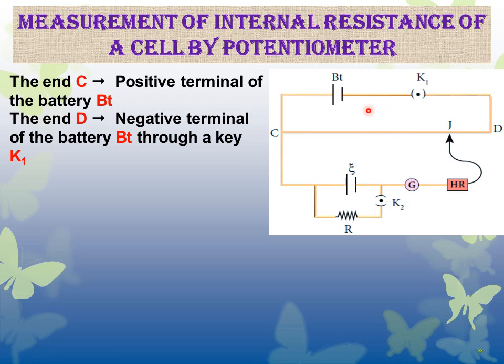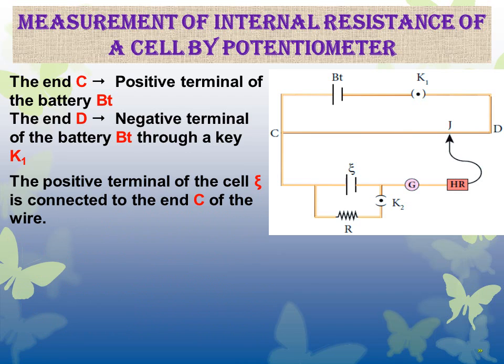This forms the primary circuit here. Now the positive terminal of the cell Psi is connected to the end C of the wire.